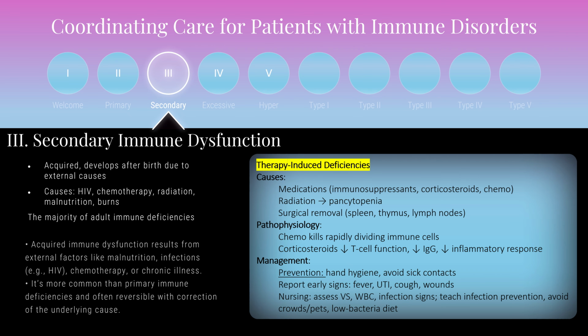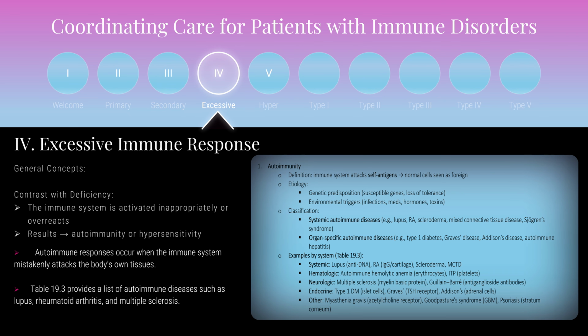So moving forward. Here in excessive immune response, I said it's just a little table, not much about it. It's kind of an introduction here. The contrast with deficiencies is that the immune system is activated inappropriately or overreacts.